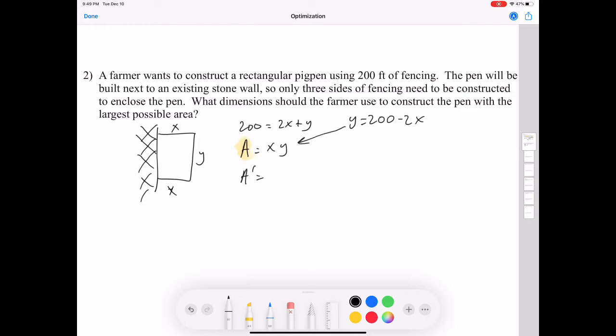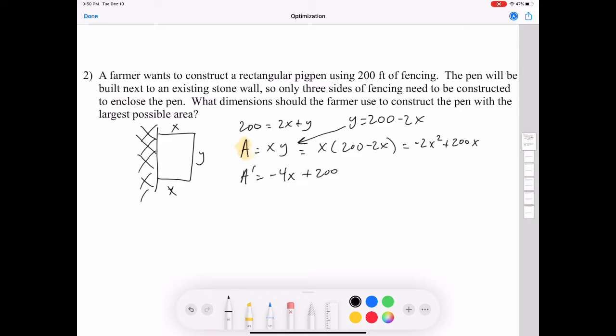And we can plug that y in. So x times 200 minus 2x. You could take the derivative of this, but I think it's easier to write it as negative 2x squared plus 200x as we distribute that x over. And when I take the derivative, A prime, this will be negative 4x plus 200.